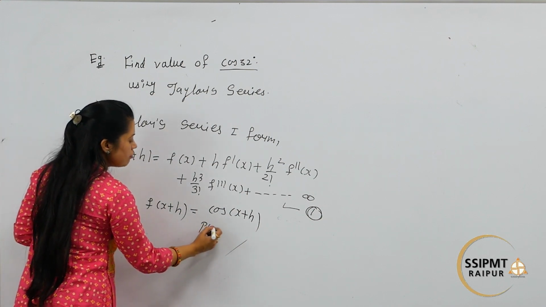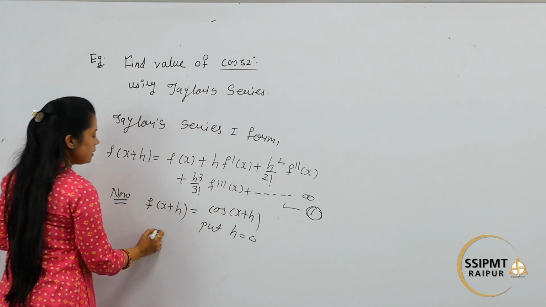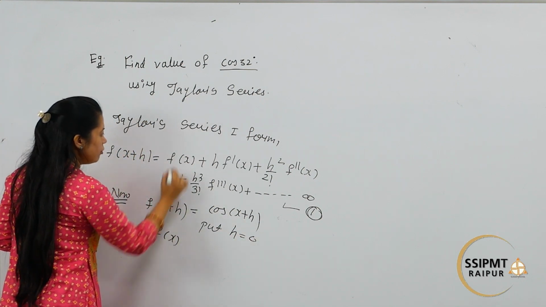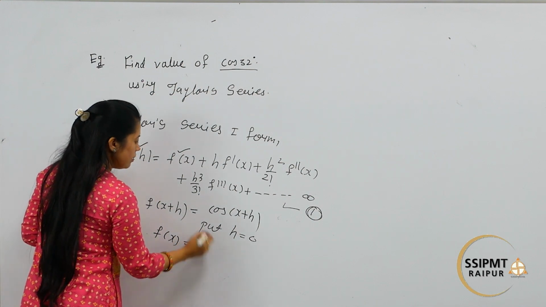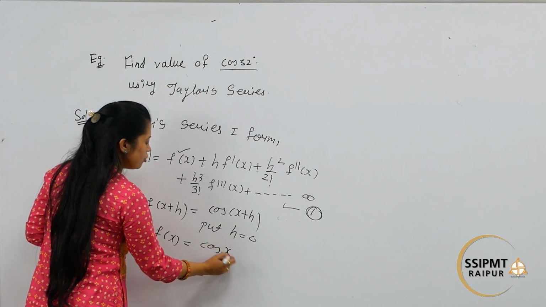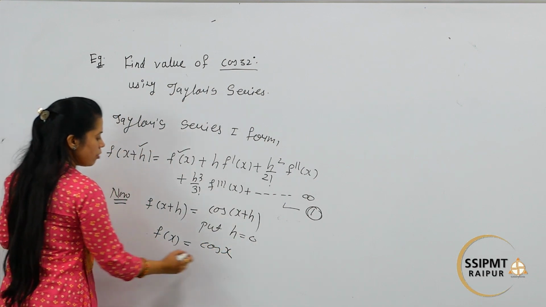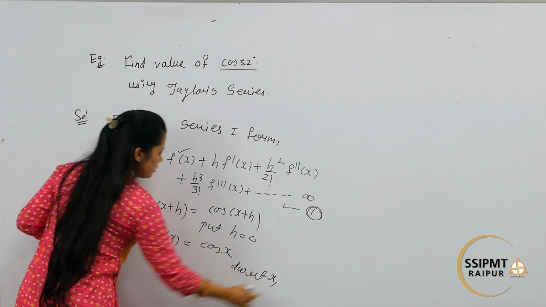So put h is equal to 0 on both sides. It gives us the value of f of x which is needed to form the series. So put h is equal to 0, f x is equal to cos of x. Now differentiate both sides with respect to x.